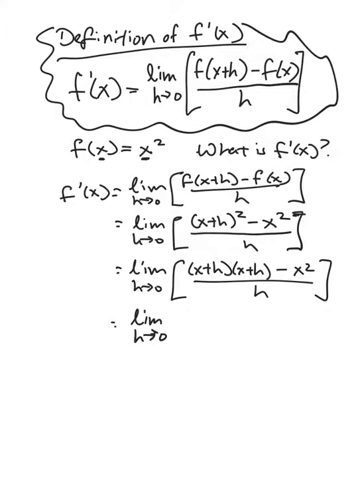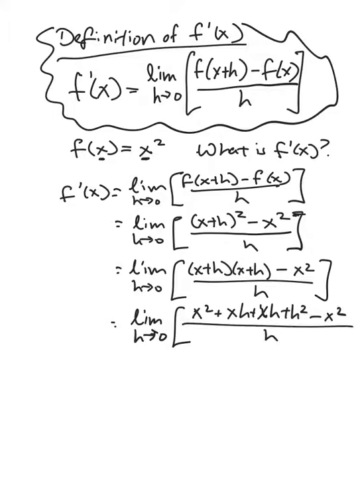X plus h times x plus h is x squared plus xh plus xh plus h squared minus x squared all over h, which gives me, let's see, oh, look at that. X squared and minus x squared, those are gone.